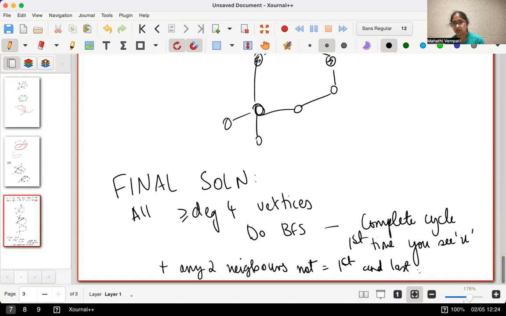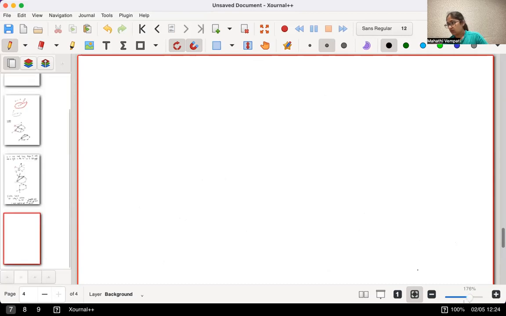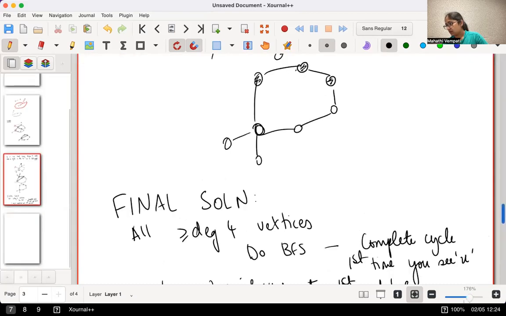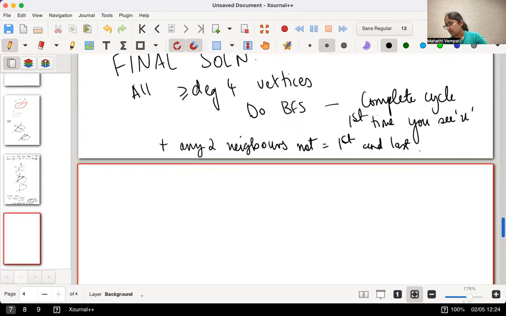Yeah, that seems like it's solved after a lot of unnecessary traversing. I'll have to go, but I will code this up soon. Do BFS, complete the cycle.